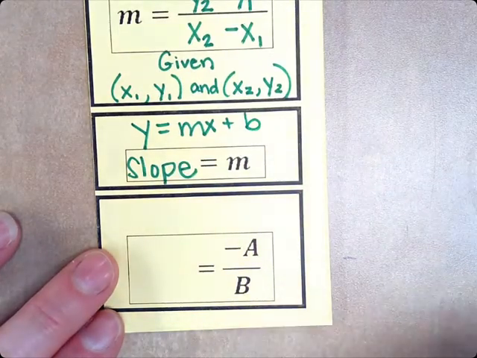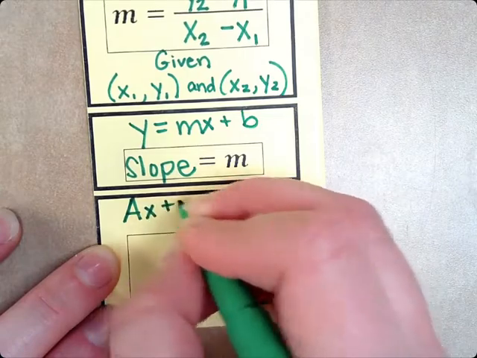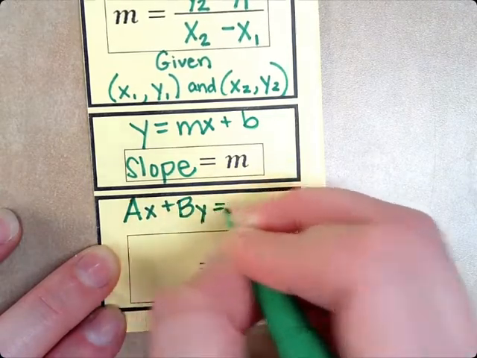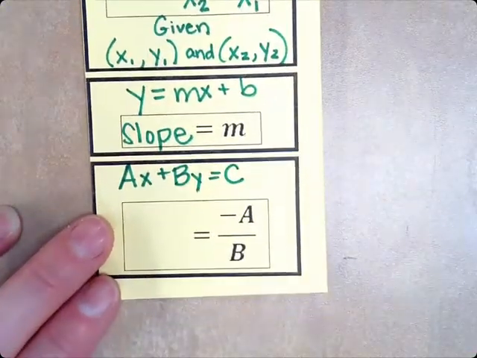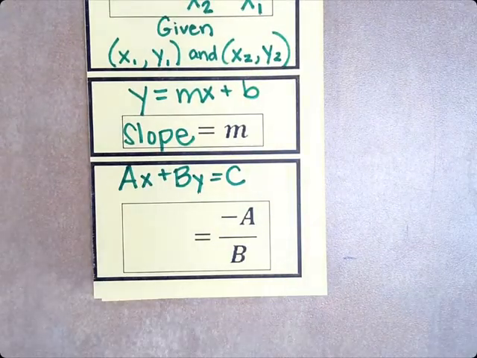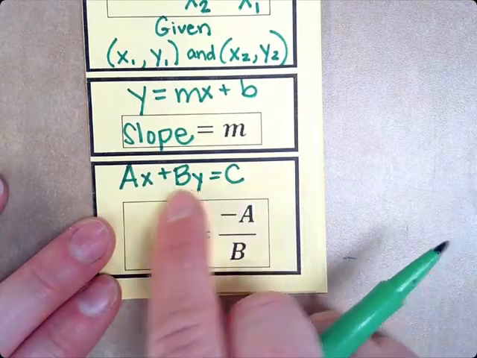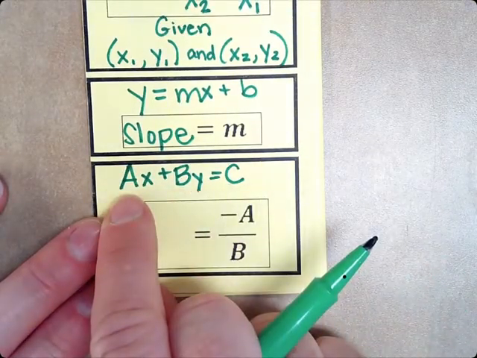The other equation form that we could have is ax plus by equals c. That's standard form, where A, B, and C are all just numbers. They're coefficients.